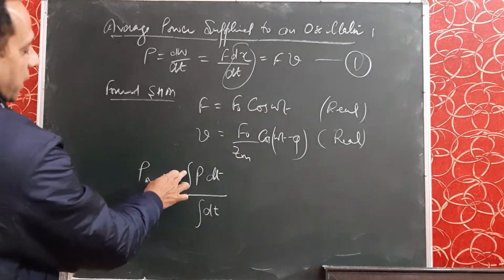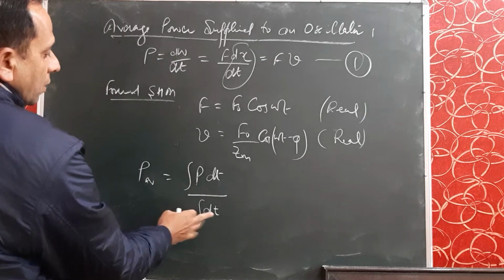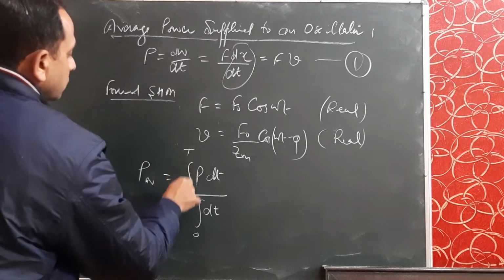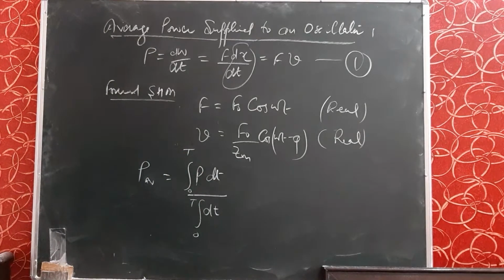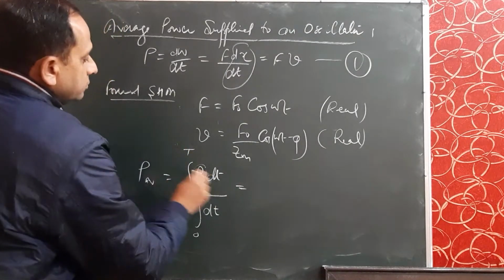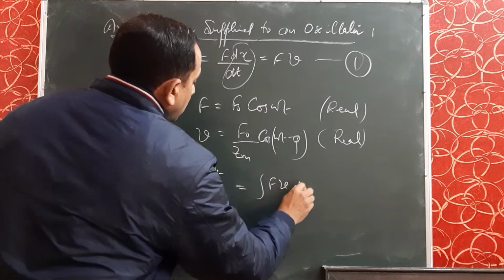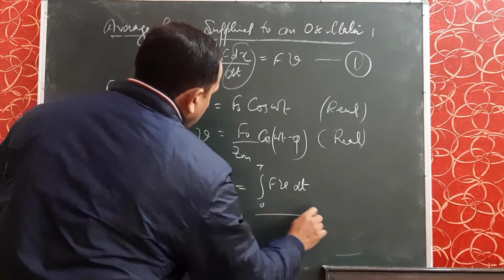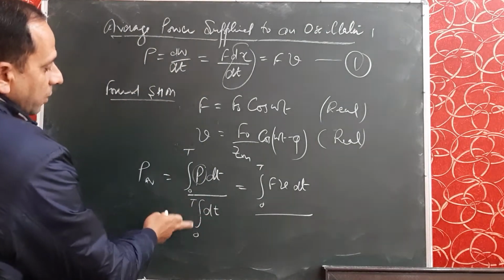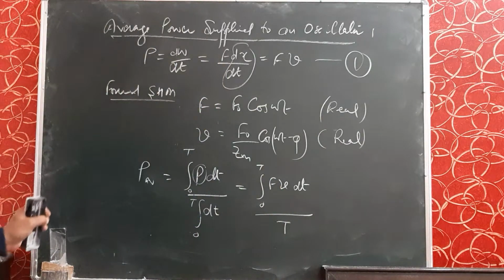Average means the integral of power with respect to time upon the integral of time from 0 to T, that is, for one cycle. 0 to T means the whole cycle. So, the value of power is F into V into dt from 0 to T over the integral of dt, which becomes T, and when we apply the limit, it becomes T minus 0, that is T.